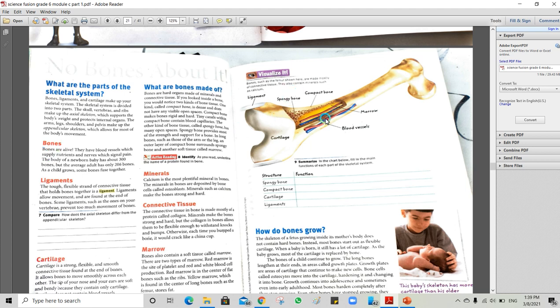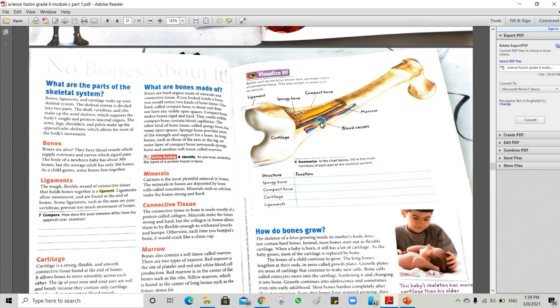See those, the red and the blue wires? We can say wires, but they are not actually wires. They look like wires. They are blood vessels inside the bone. What is their function, teacher? They supply nutrients to the bones.